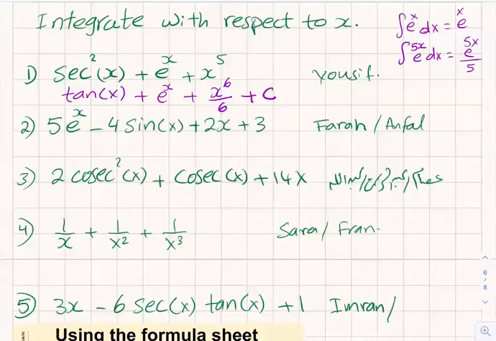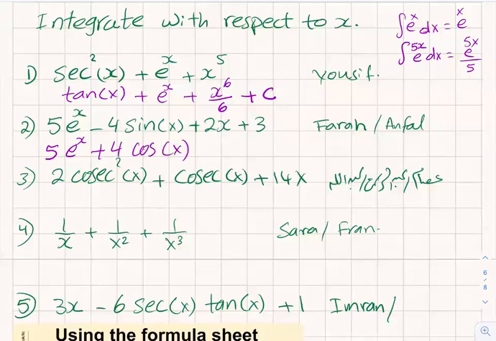For the second one, 5e to the power x, this time the 5 is multiplied by e to the power x, so you don't need to divide by 5 or anything. We'll just write down 5 as it is, and the integral of e to the power x is e to the power x. So 5e to the power x. The integral of the sine is minus cosine, so it's going to be minus cosine x multiplied by minus 4, which is plus 4 cosine x.